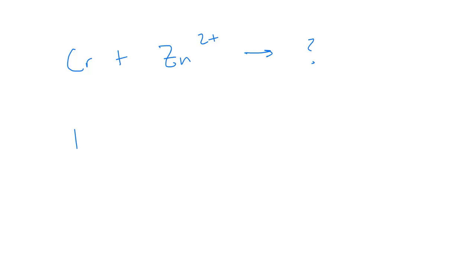Okay, let me double check what the other one was. Okay, it was H2 and Au3+. So will a reaction occur here? Let's take a look at our activity series again.